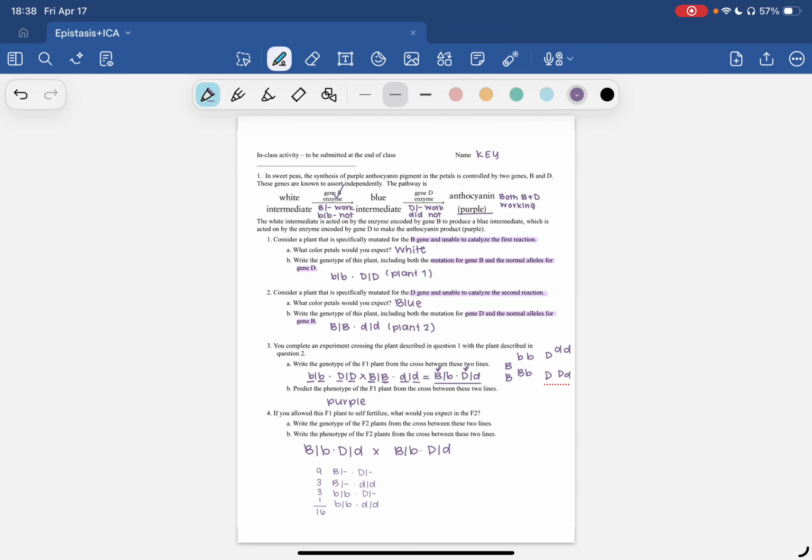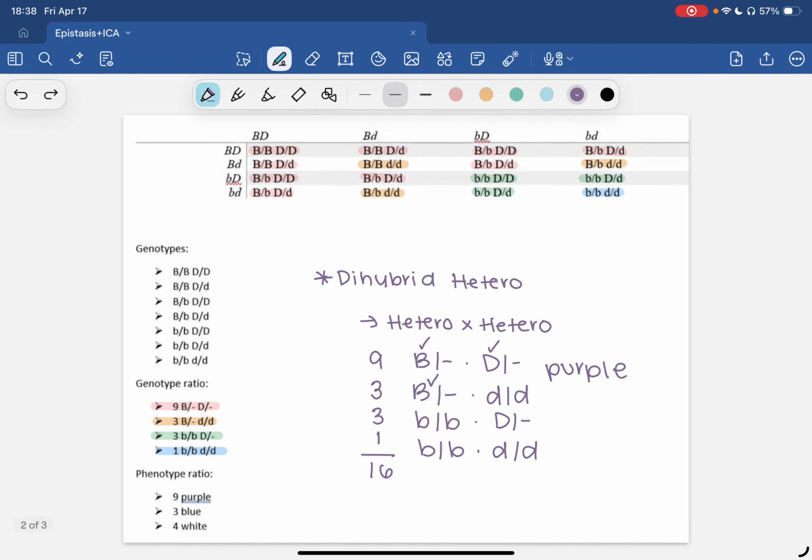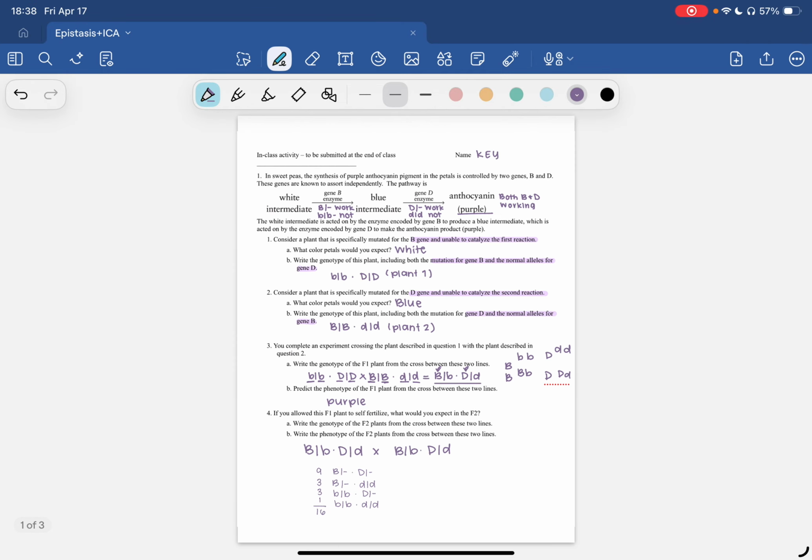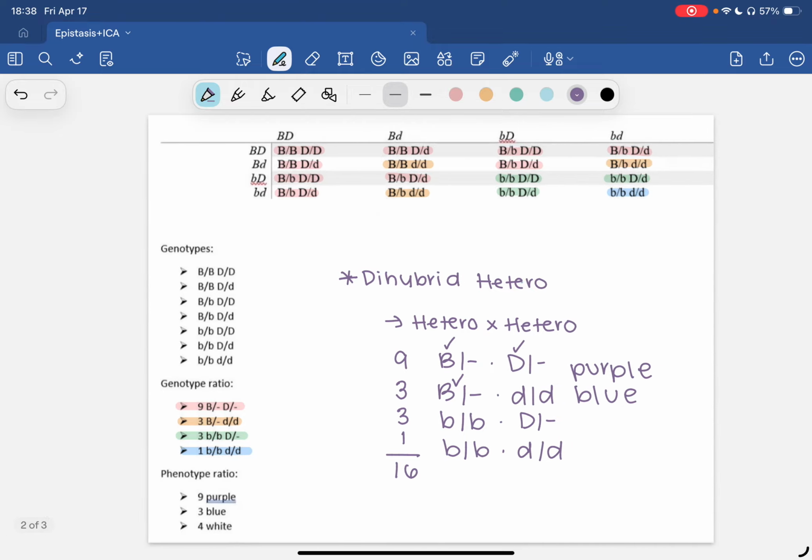Good B, not a good D, so you get stuck here at your blue intermediate. And then the other 3 would not have a good B enzyme, but would have a good D enzyme. Again, you jump back a space, and that would give you white.